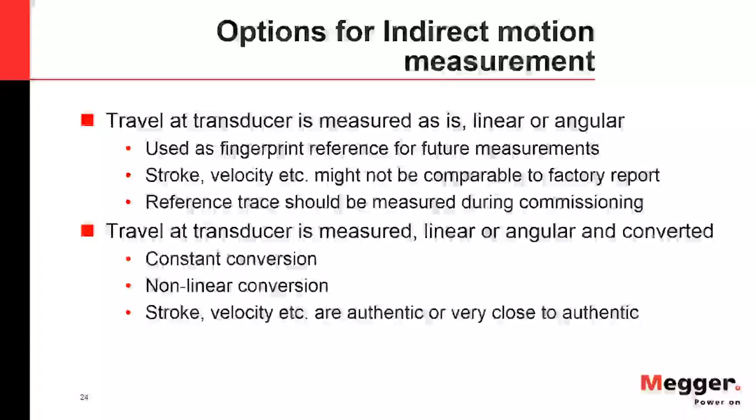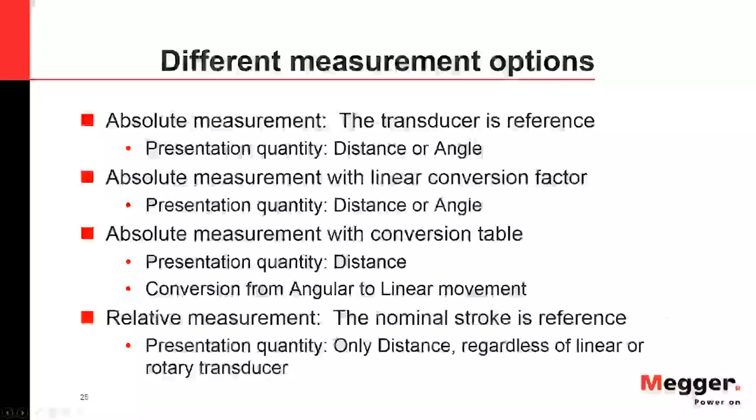And then, of course, the other option is now you're measuring the travel at the transducer, but then you convert it. You use a conversion table, a conversion factor, transfer function, whatever. It may be a constant conversion or a nonlinear conversion where you use the table. But then if you're converting it correctly, your strokes, your velocities, all this stuff should be comparable to your factory report.